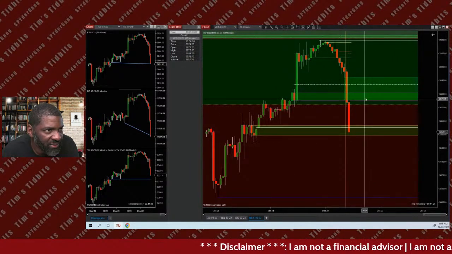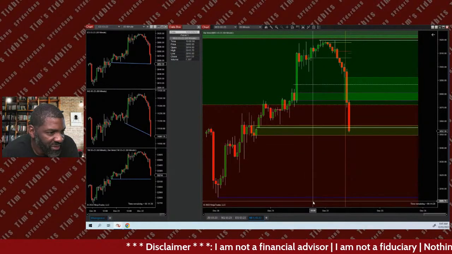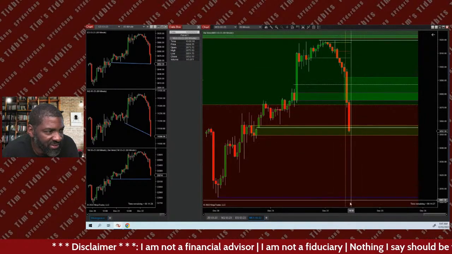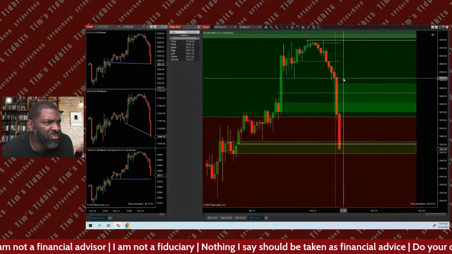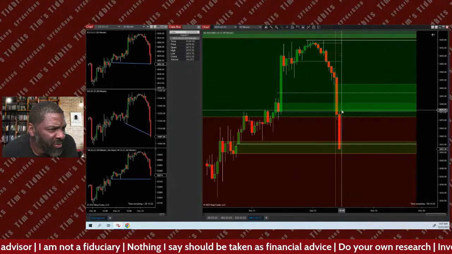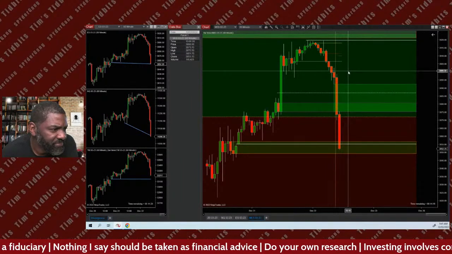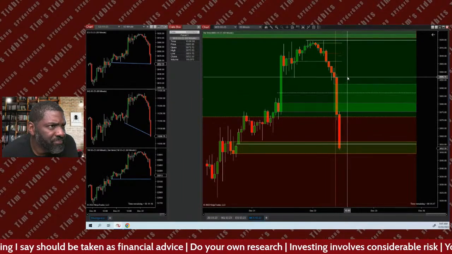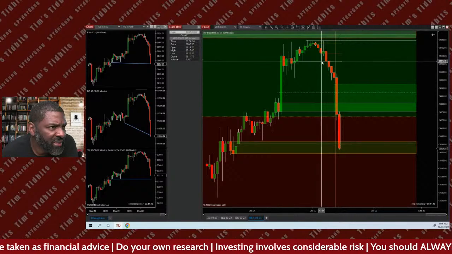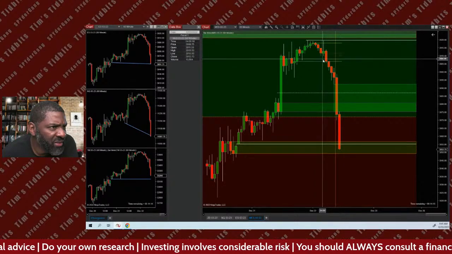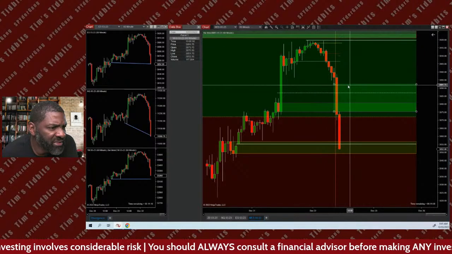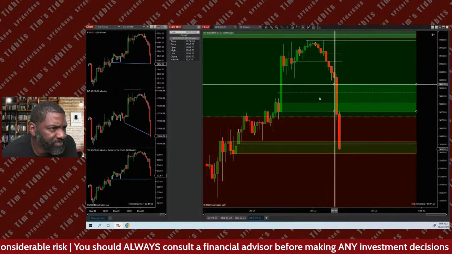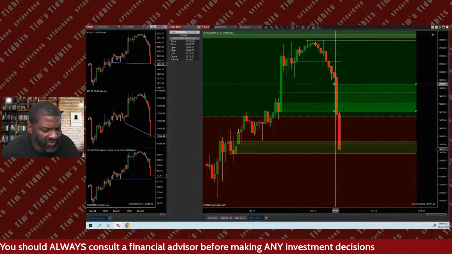So now we got some PD arrays to get through above price. And then there's another small fair value gap right here at yesterday's close. We'll mark that out.